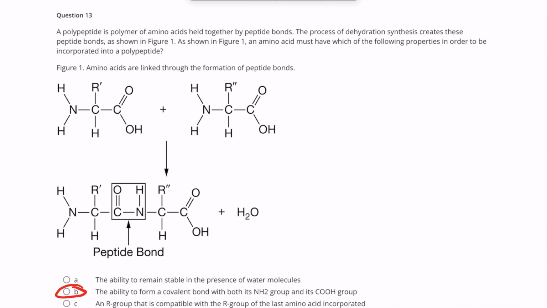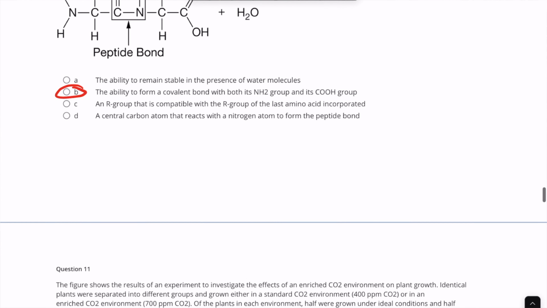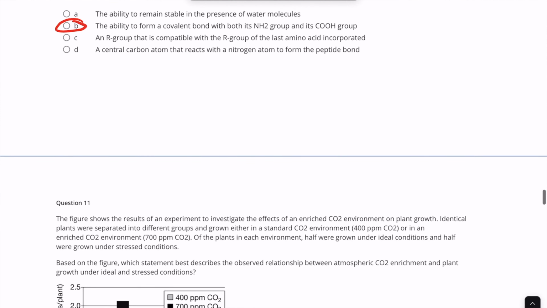But right now, just to bond one amino acid to another, the R group really isn't doing anything. D says a central carbon atom that reacts with a nitrogen atom to form the peptide bond. Again, the bond here is between a nitrogen and a carbon from the carboxyl and amine groups. It is not happening with the central carbon, so that's not true.